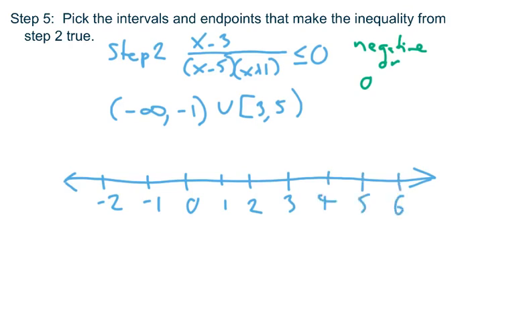And because you want all the numbers from negative infinity to negative 1, that would look like this, round parentheses, so we don't include the negative 1. We do include the 3, so we'll put a bracket there. We don't include the 5, and then that interval right there. So I hope that was pretty cool.